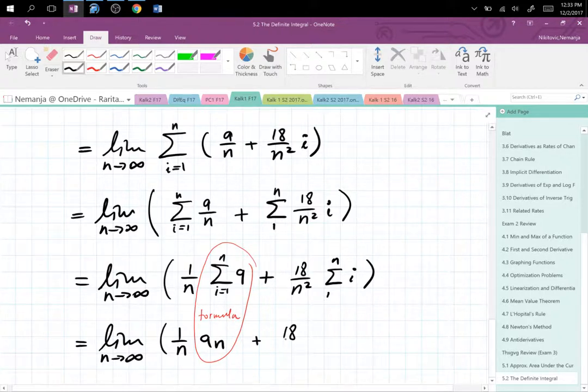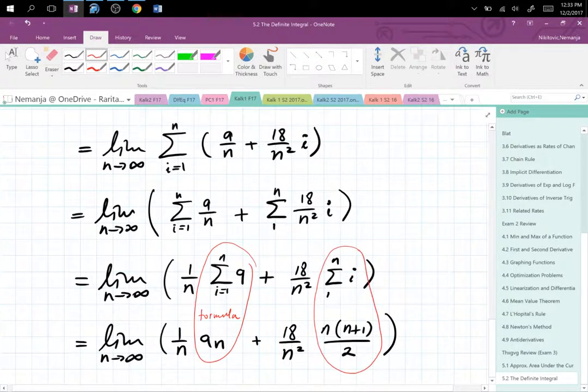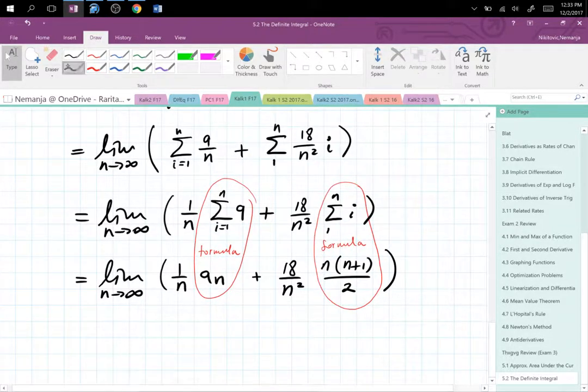Plus 18 over n squared, and then for I, we have n(n+1)/2. And then I'm going to circle those and say formula. There we go. And now follow the algebra.